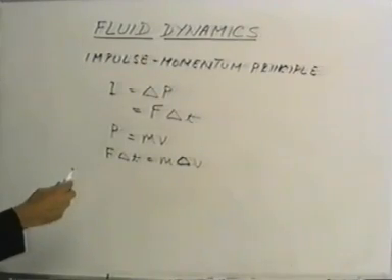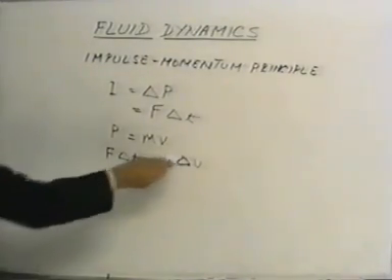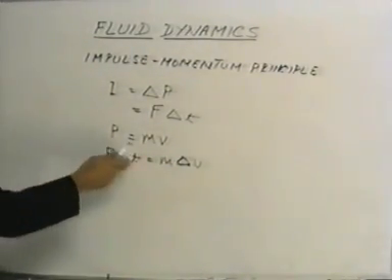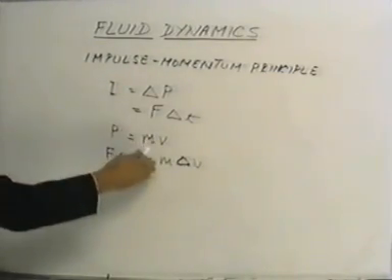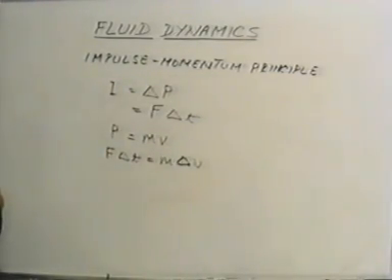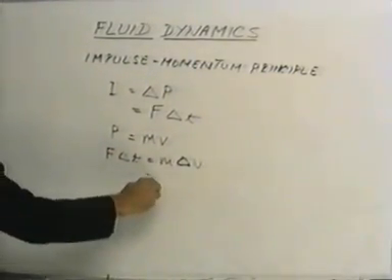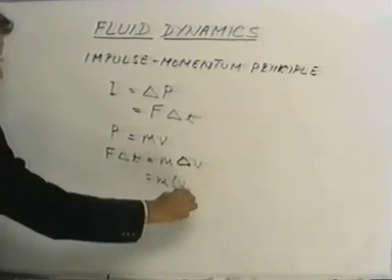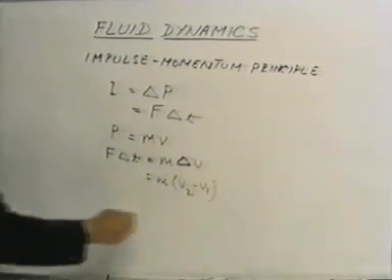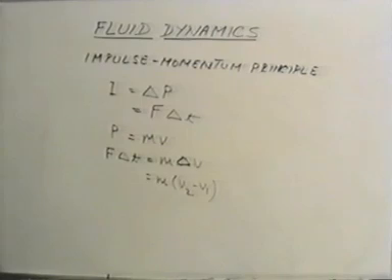When you impart impulse to a body, it changes its velocity. So F delta T is a measure of the impulse, and there's a change of momentum. So this can be written as M times the final velocity minus the initial velocity.